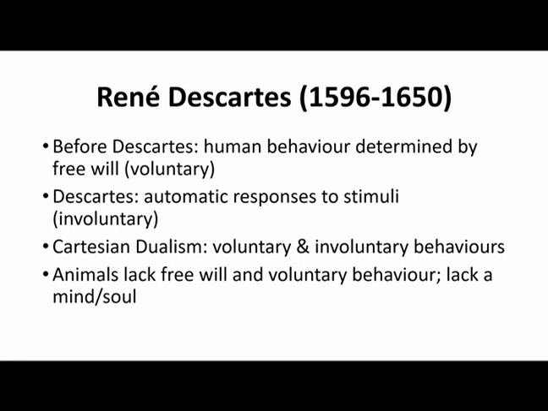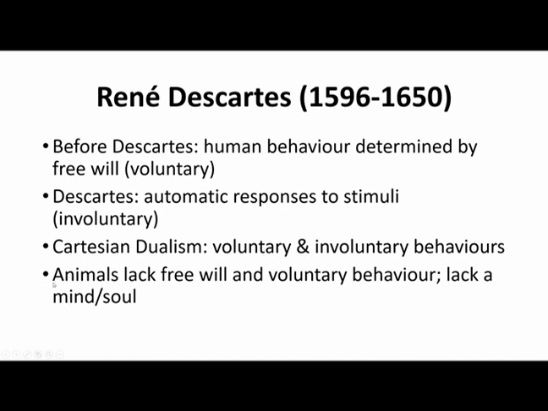Now, that isn't to say that he thought that everything was automatic. What we instead ended up with was something called Cartesian dualism, where we have a combination of voluntary and involuntary behaviors. So he didn't completely abandon free will. It's a combination of both.